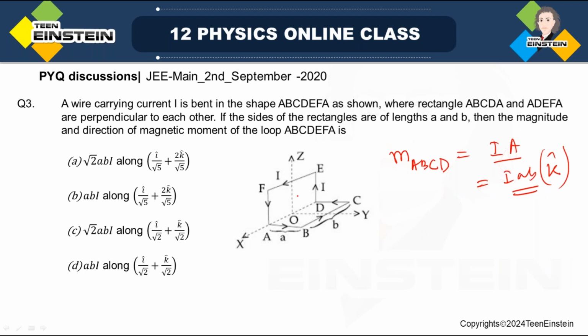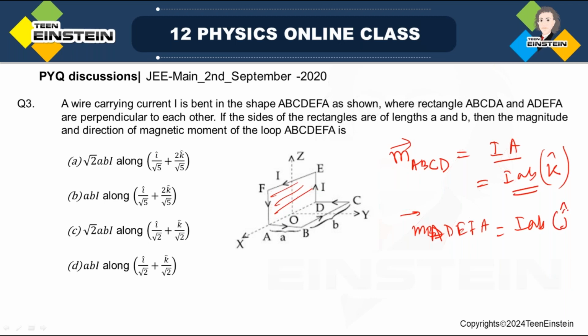The other one is the magnetic moment vector for the closed loop ADEFA. It has a magnetic moment of the same magnitude IAB, but the direction will be along j cap.